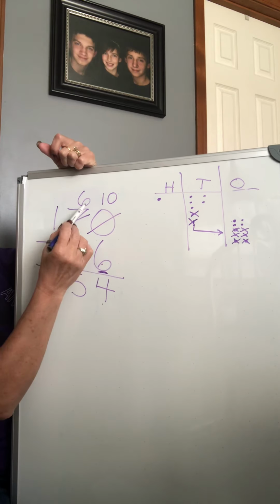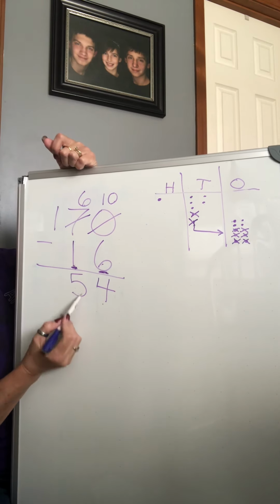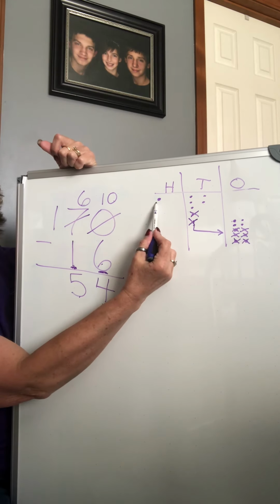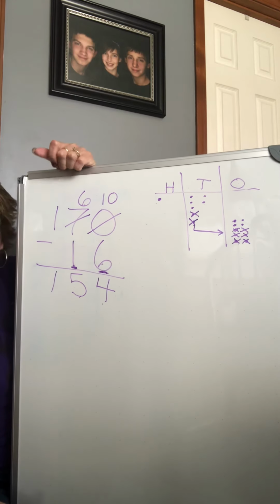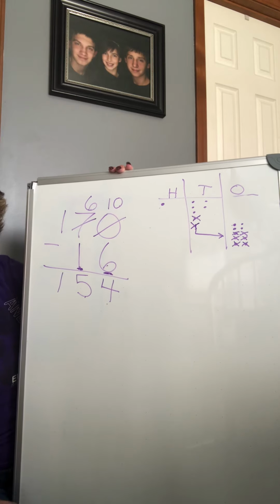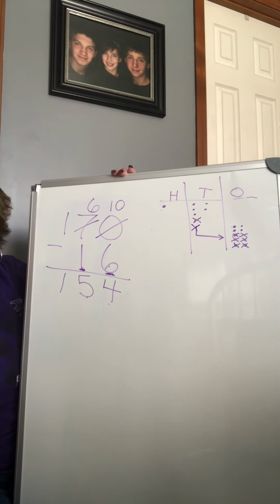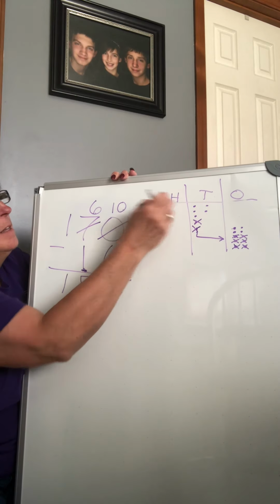Let's double check. 6 minus 1 equals 5. And don't forget, we still have 100 over here too. So our answer is 154. All right, we're gonna try one more practice.